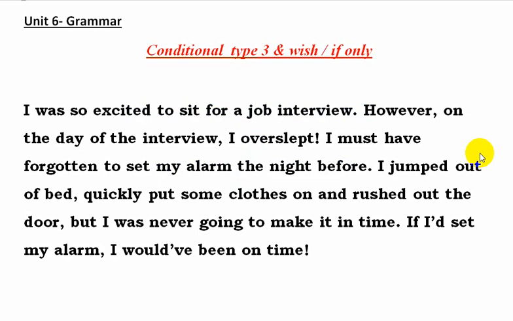Today we'll be talking about a grammar lesson: conditional type 3 and wish or if only. This lesson is mostly dedicated to baccalaureate students, both first year and second year level students.